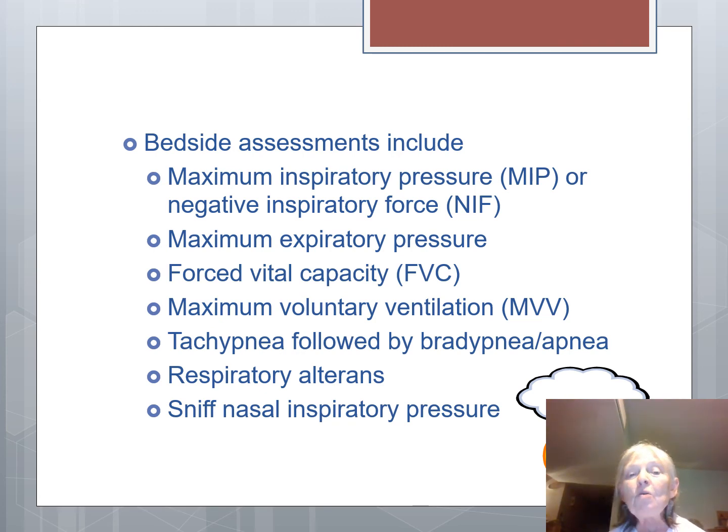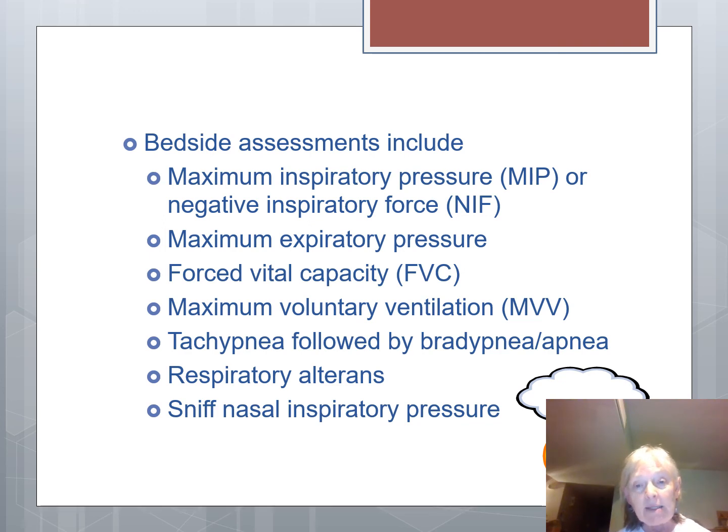If you're doing PFTs or your PFT calculator breaks and you have to figure out your forced vital capacity, it is 65 to 75 mLs per kilo. Okay, and the kilos come from your ideal body weight.